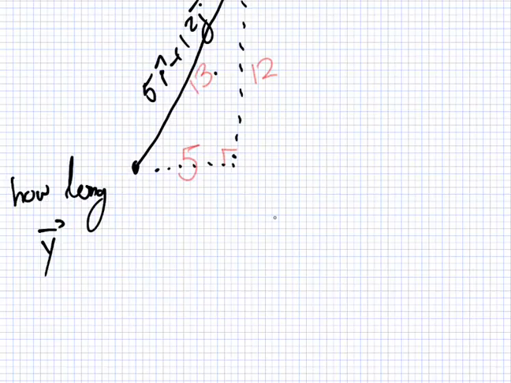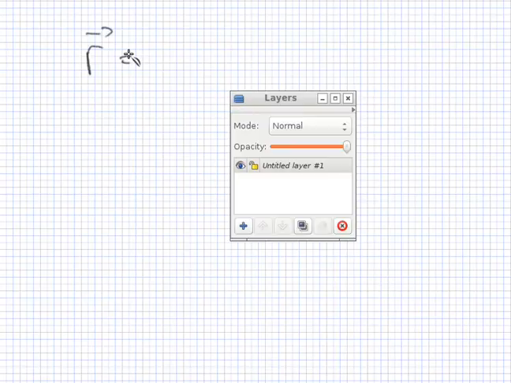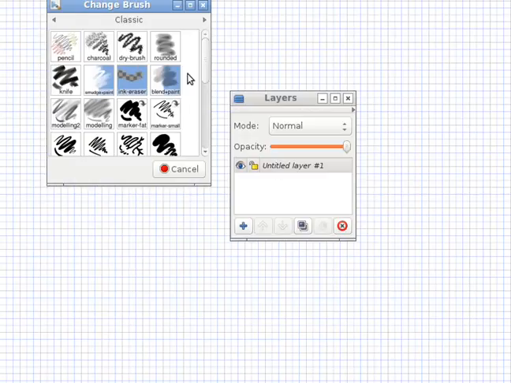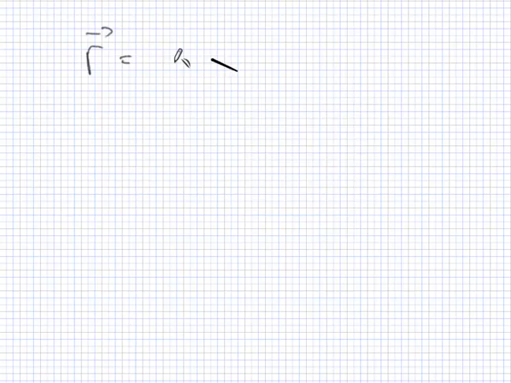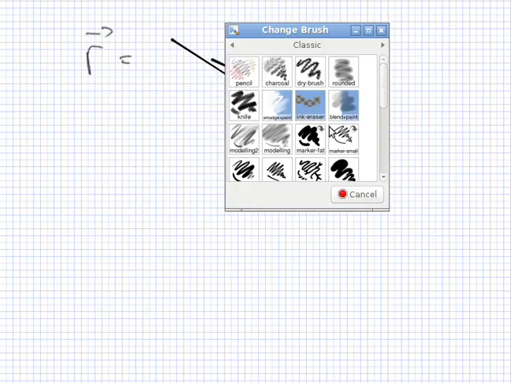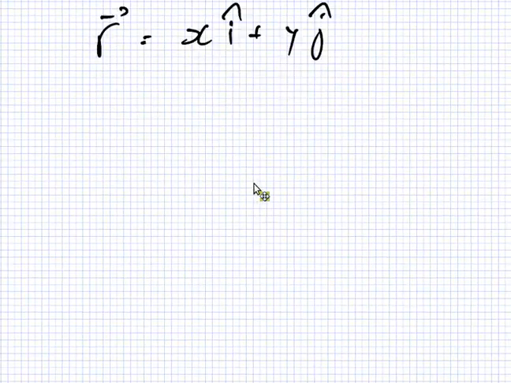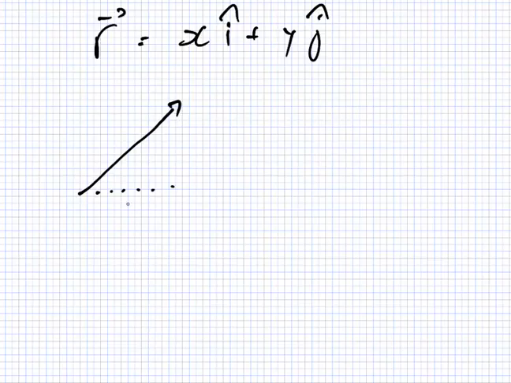In fact, we can have a formula for magnitude now. If we have r equals xi plus yj, when you draw that, you have a vector which is x units on the base and y units in height.